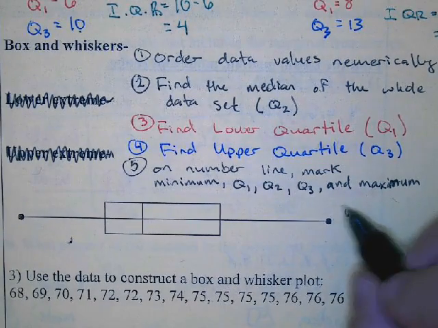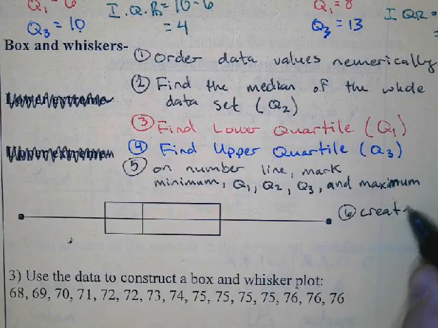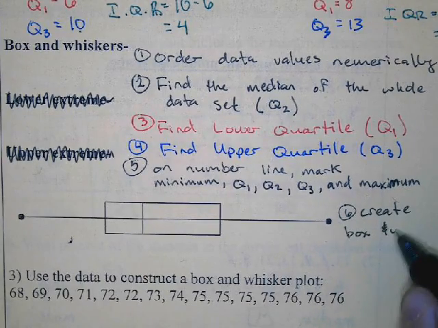And then step 6 would be create the box and whiskers.